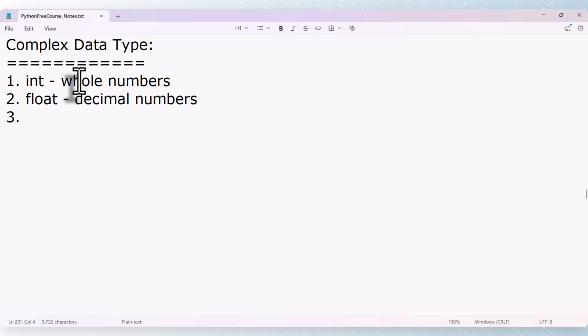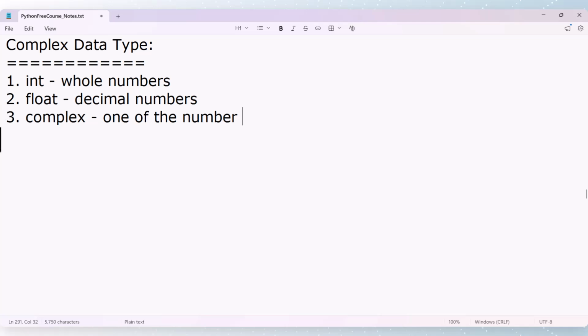And the third type of number is the complex data type. It is also a kind of number that comes under the numeric data type.